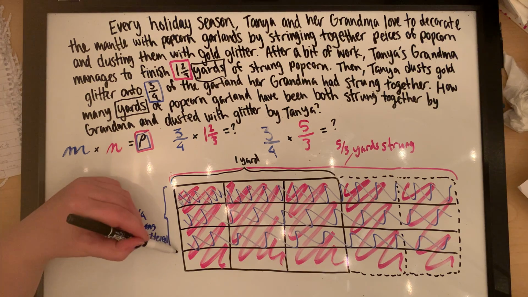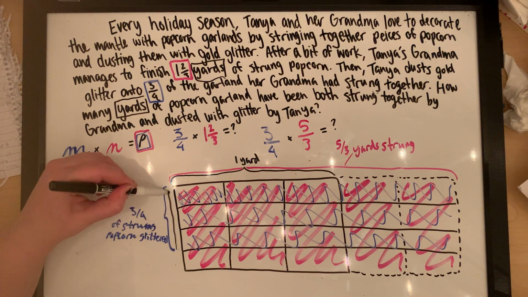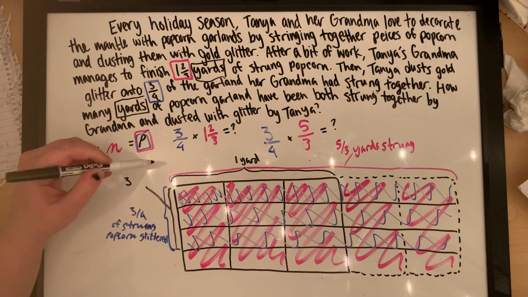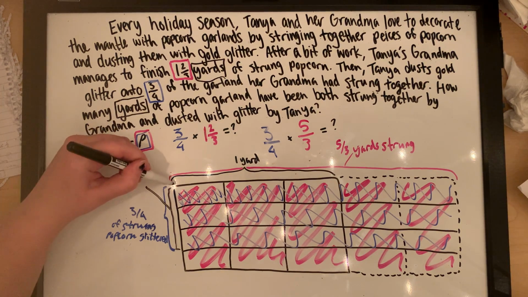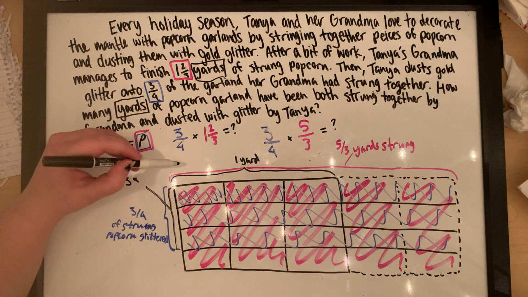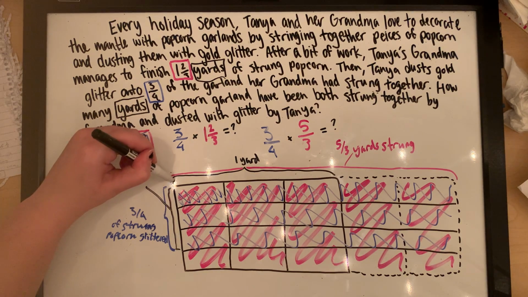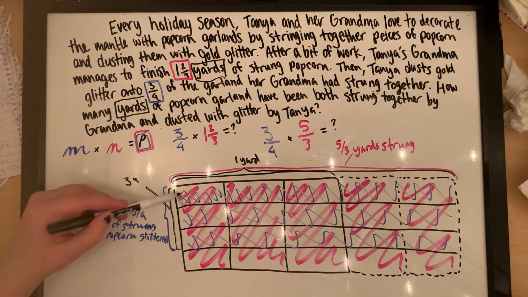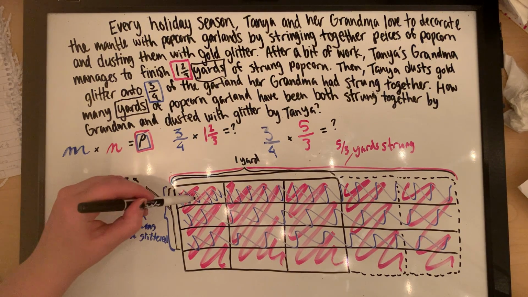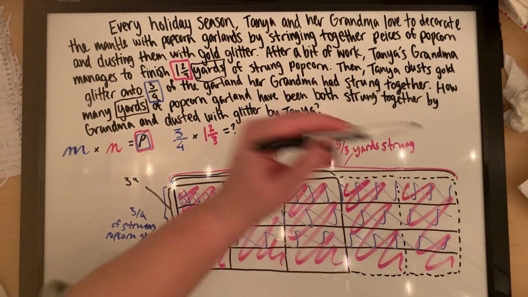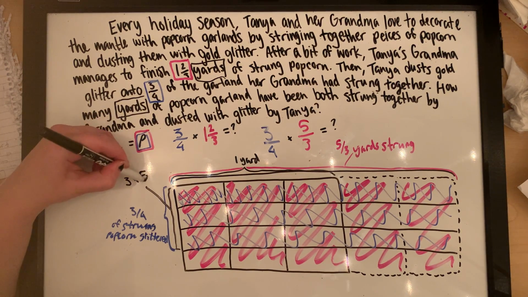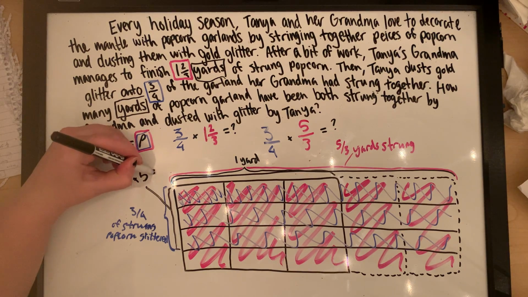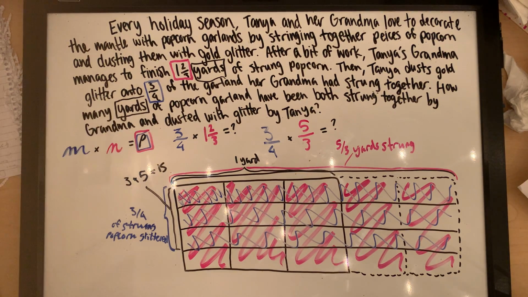We could multiply 3 times 5, because we have 3 groups of 1, 2, 3, 4, 5, which will give us 15.